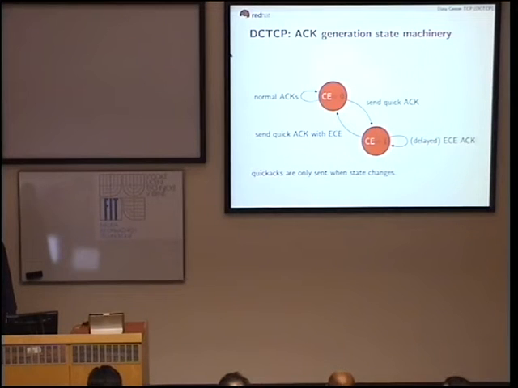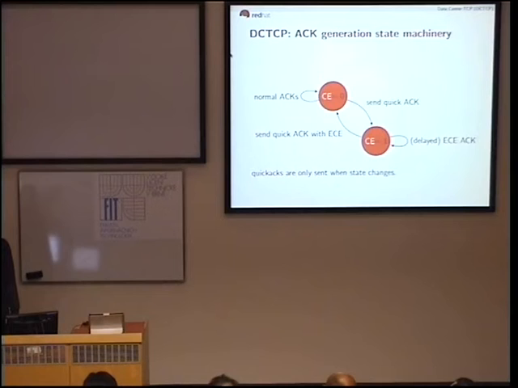So whenever we receive a packet where we see that the switch has set the congestion experience bit, then we will immediately send out an ACK for the old data, and we will change state. We will remember that a switch has told us that it is congested, and then for every new ACK that we send out, we will simply set this ECE bit in the TCP header to inform the sender that the current data that it's sending is always being received with a marked indicator.